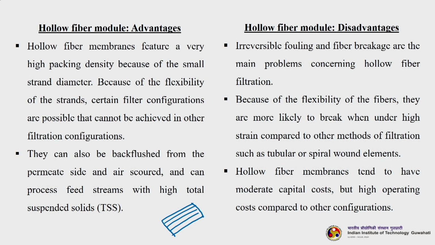So, whenever you are applying a very high pressure, these fibers may behave like this, and they will get distorted due to the higher pressure. That is why they will twist basically. This will create flux problems as well as problems in separation, and hollow fiber membranes tend to have moderate capital cost, but high operating cost compared to other configurations. So, operating cost is actually a little higher.